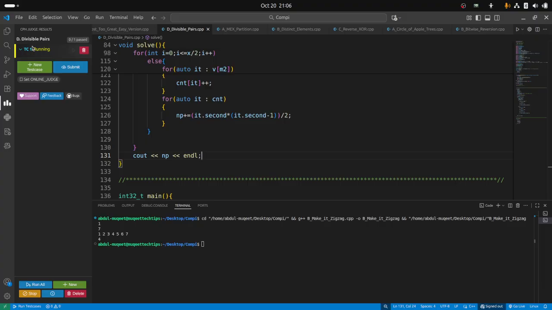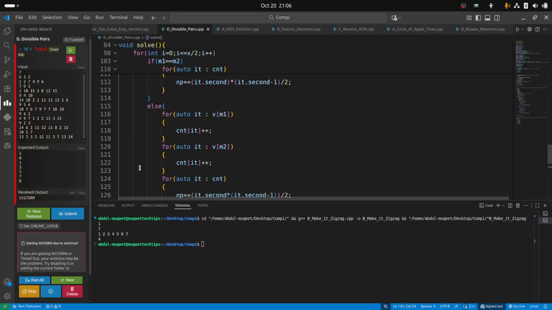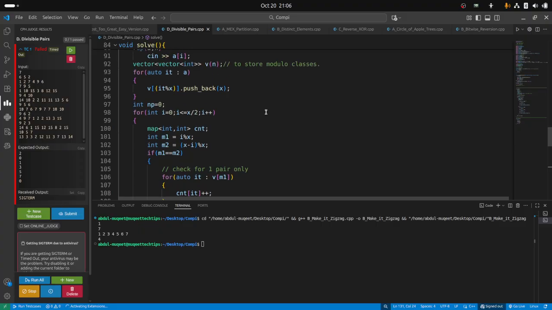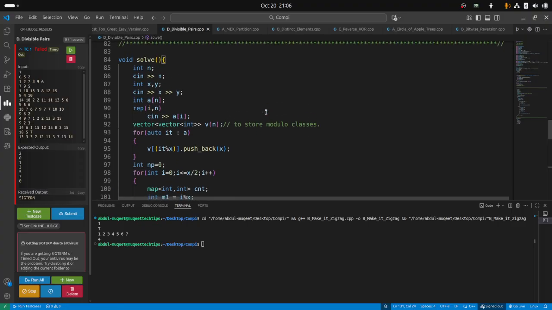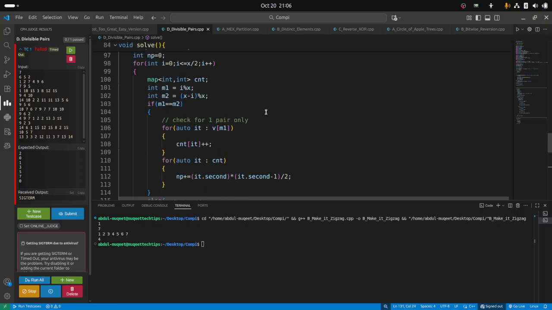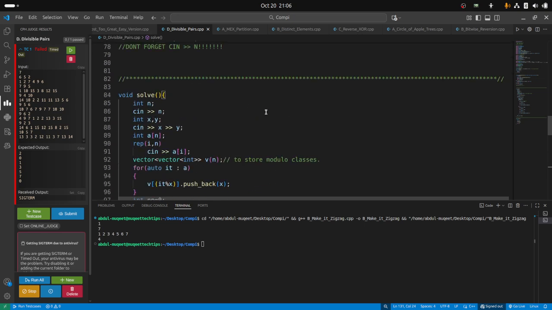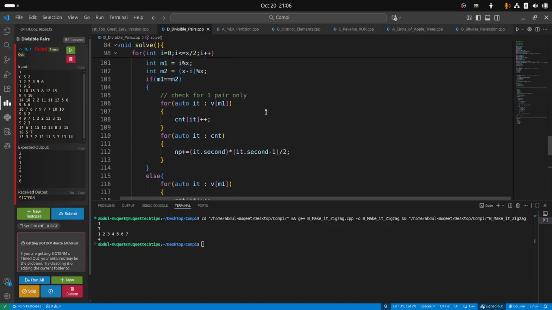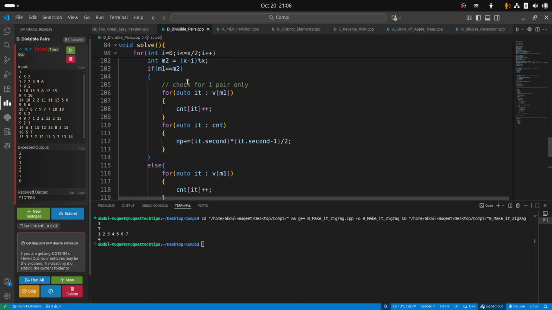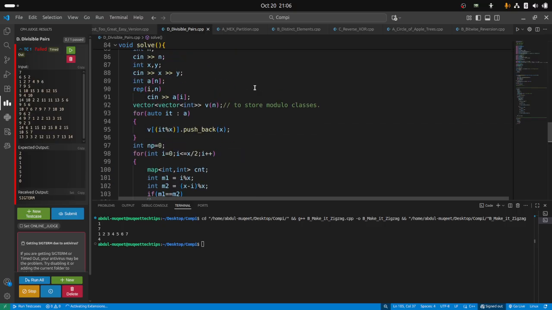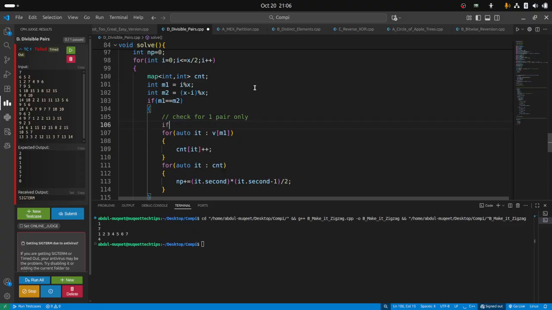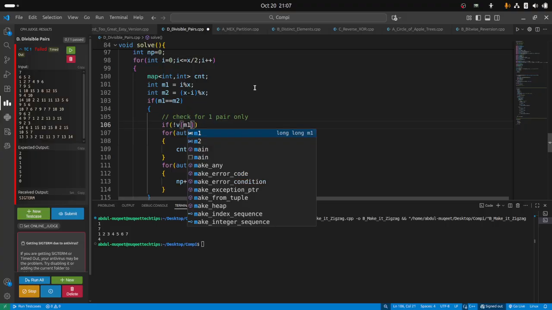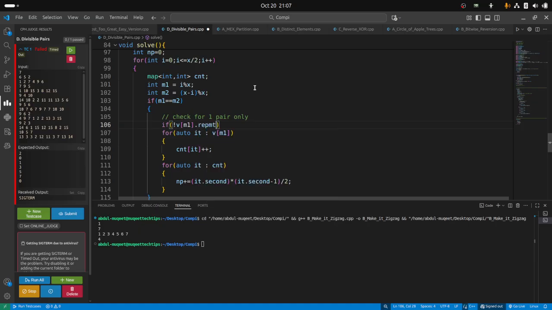It's a segmentation error. Maybe it has exceeded the time complexity. Let me just put if it is not empty.